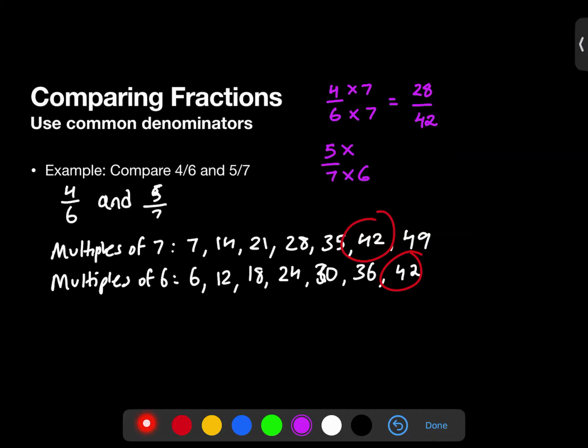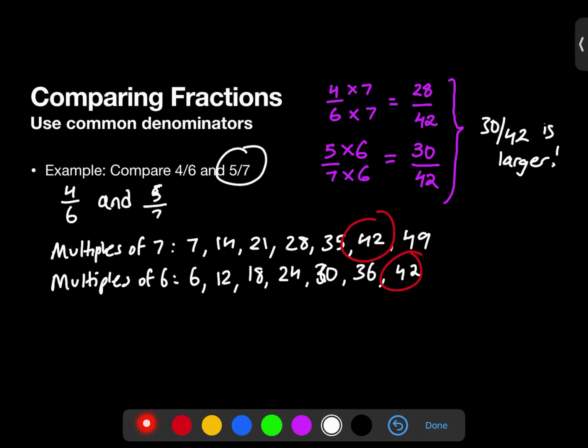And we multiply the top as well by 6. And our new fraction is 30 by 42. So now which one is bigger? So that means that 5 by 7 originally is the bigger fraction. Okay, good.